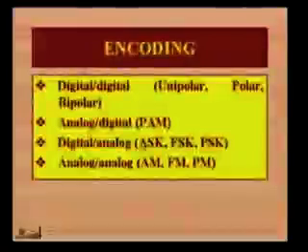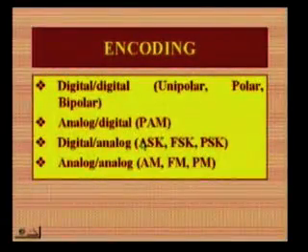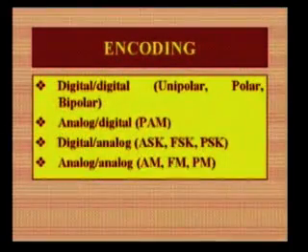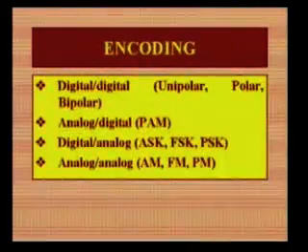First we take the amplitude value of the signal, and then we quantize it, which means giving an integer value to the signal. Finally we convert it into ones and zeros. PAM is the first process, and then we have PCM and so on. So the basic technique for analog to digital goes through a number of processes: taking the amplitude value, quantizing it, giving it an integer value, and finally putting it into ones and zeros, converting it into digital signals. These are the basic techniques I use for encoding.